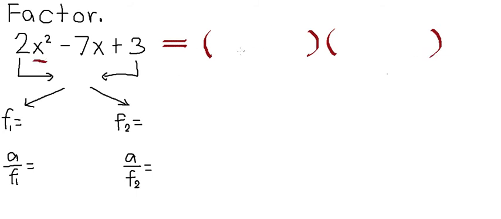Ang factors ng x squared ay x and x. Kung ano ang sign ng middle term, yun ang ilalagay mo na sign sa first set of parentheses. Since negative ang middle term na 7x, negative din ang ilalagay sa first set of parentheses.